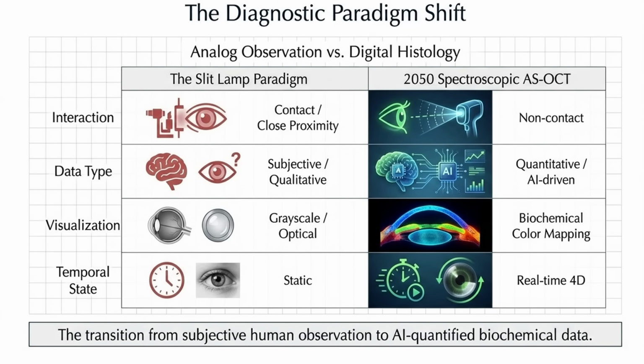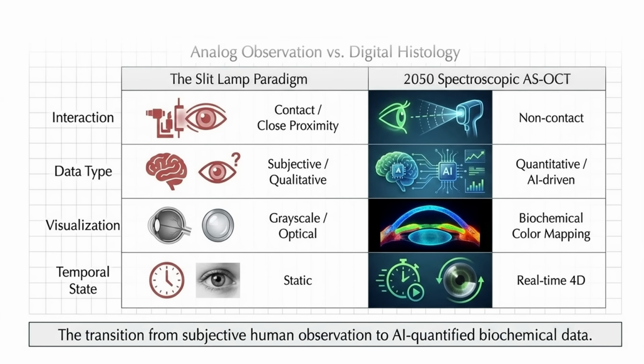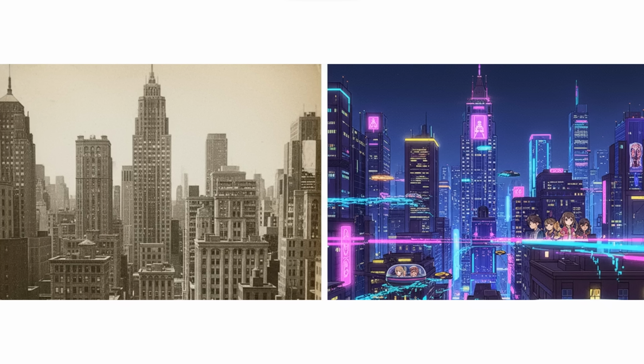So as you can see, there is a paradigm shift in observation, named digital histology or clinical biopsy, and you are going to be in this era. With the slit lamp, you can see the cornea just in grayscale. However, in the future, it will be colored and very elegant like that.